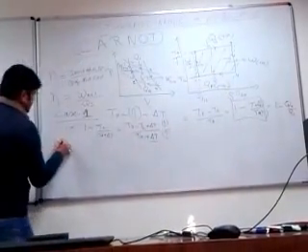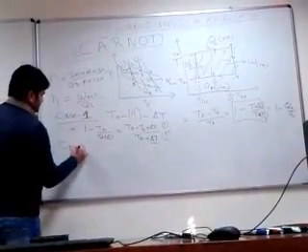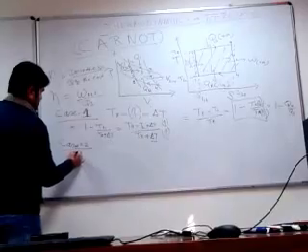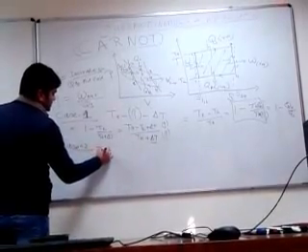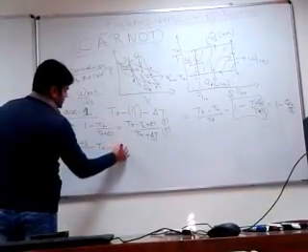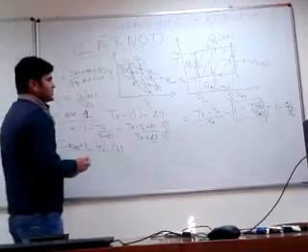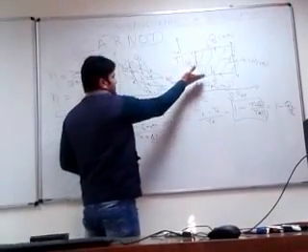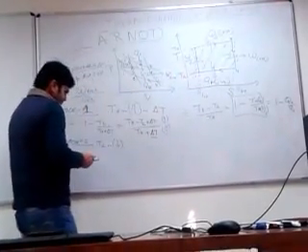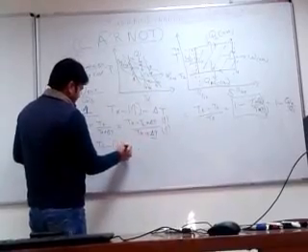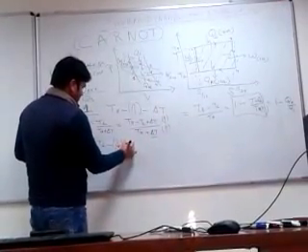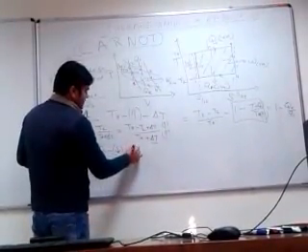Let's take case 2. Case 2 is if we lower the lower temperature, moving toward the entropy side by the same amount delta.